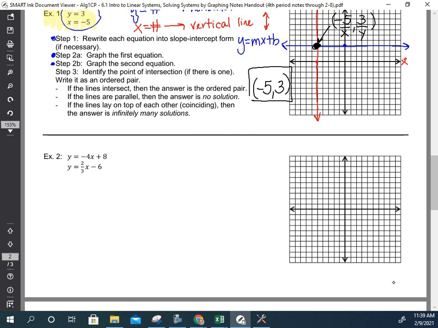For example 2, we're going to do an example now that we have slanted lines. If the lines are slanted, that means we're going to have some y equals mx plus b come into this problem. So let's start with y equals negative 4x plus 8.